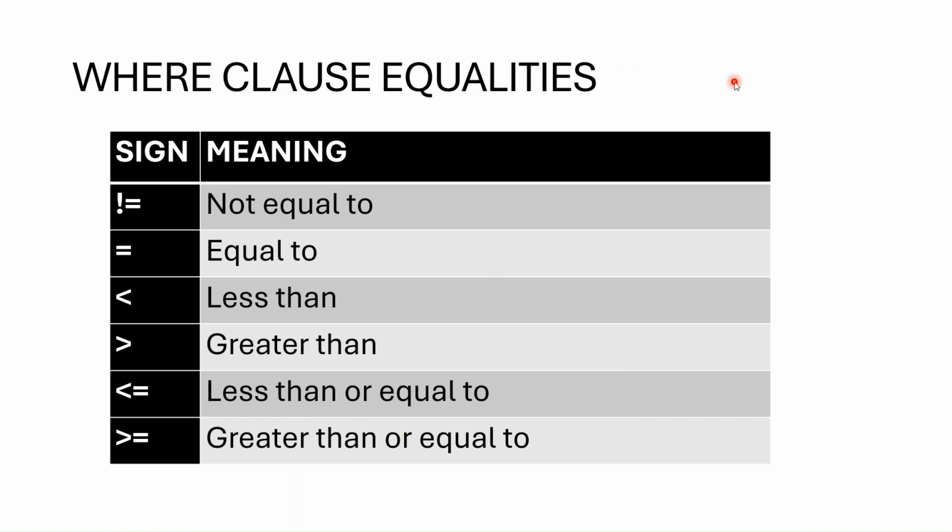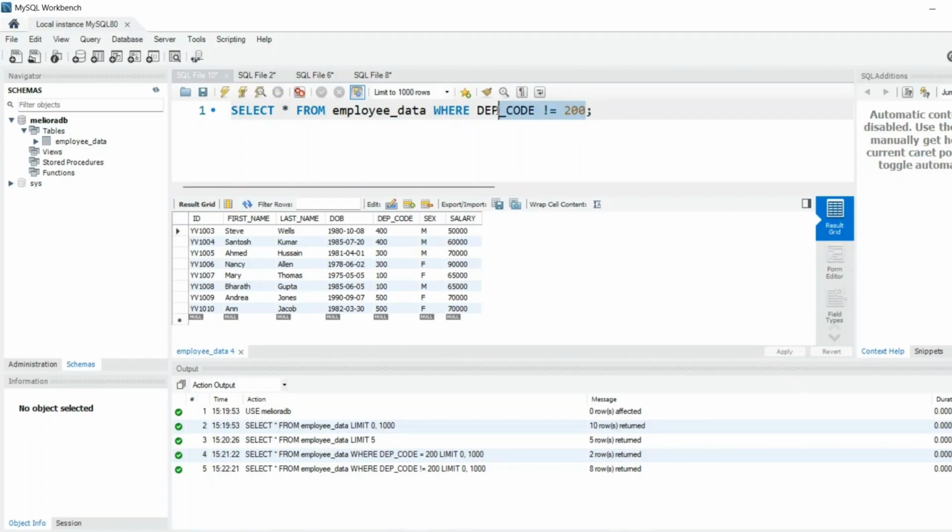Okay, so we've gone through the first two, and let's go ahead and see how we can use the other ones as well. Okay, so let's go ahead and change this up. So let's actually select all the staff whose salary is greater than 60,000. Okay.